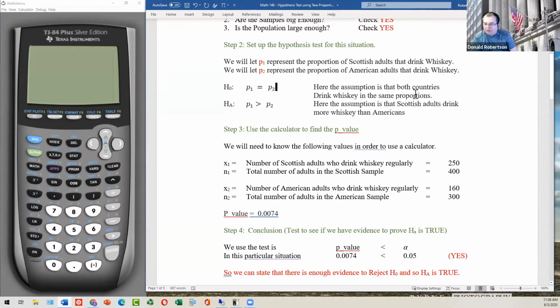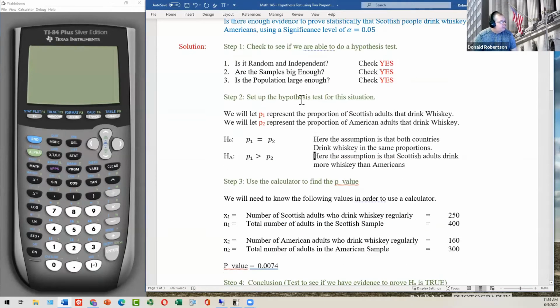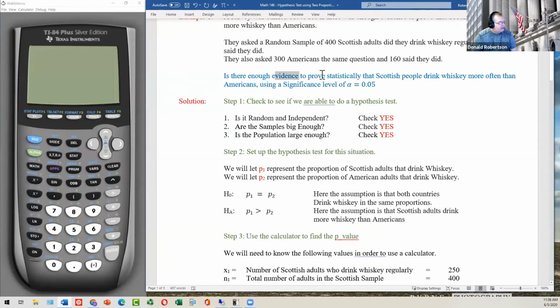They drink the same amount of whiskey as each other. And in the second one, the Scottish, P1, is bigger than the American, P2. So we want to see whether or not there's enough evidence to prove that Scottish people drink more whiskey than Americans, which was what was being asked here, right?